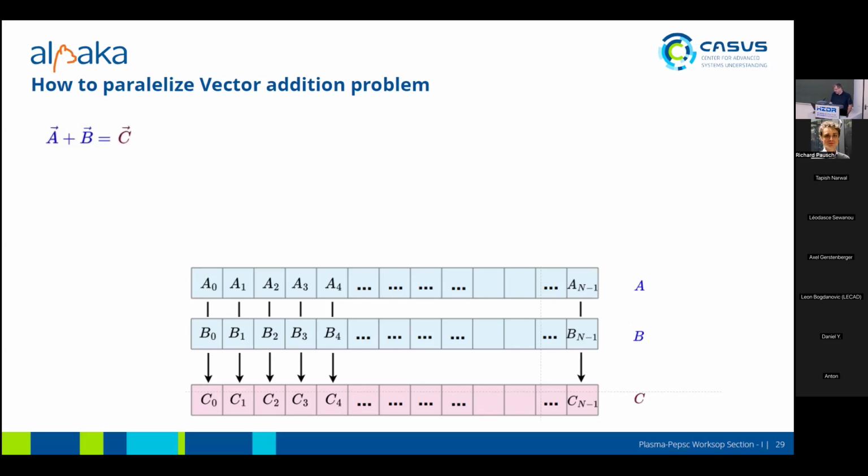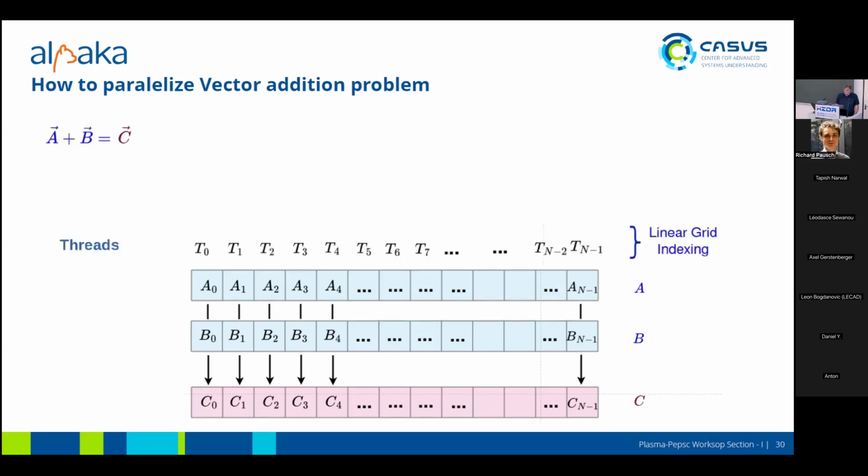We have two one-dimensional vectors, vector A and vector B, and we will calculate the sum of the two vectors. In order to calculate the summation, we need to distribute the data to the threads. That means we need to map threads to each data item.